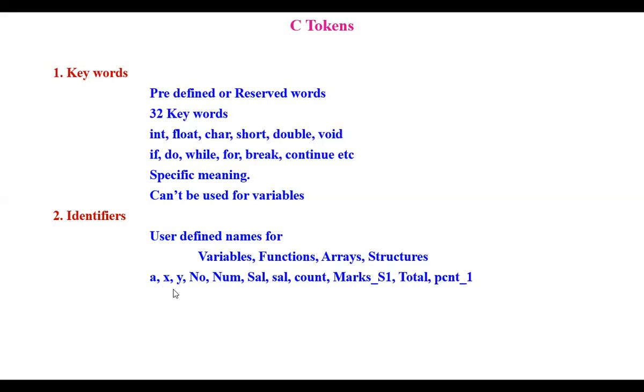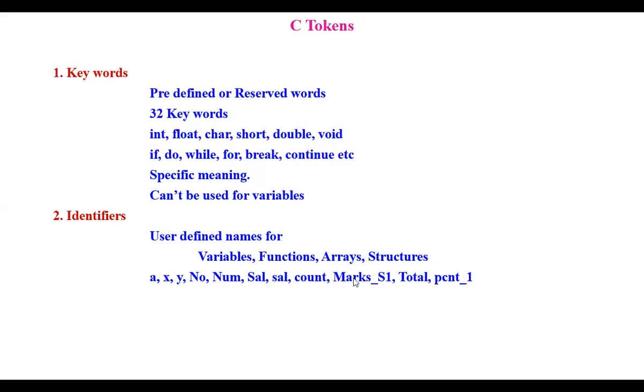Like this, we can use X, Y, num, and salary. For salary I used sal and also Sal. These two are different because one has a capital letter for the first letter and the other a small letter. Both are different.